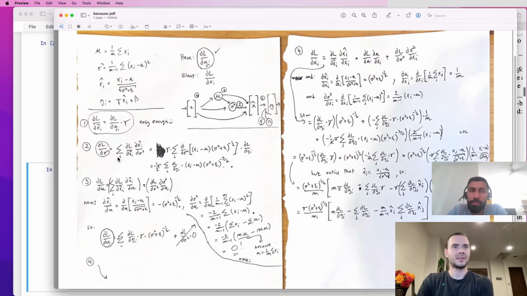you see how in dL by d sigma squared I end up with an expression, and I'm iterating over little i's here. But I can't use i as the variable when I plug in here, because this is a different i from this i. This i here is just a placeholder, like a local variable for a for loop. So here, when I plug that in, you notice that I rename the i to j.